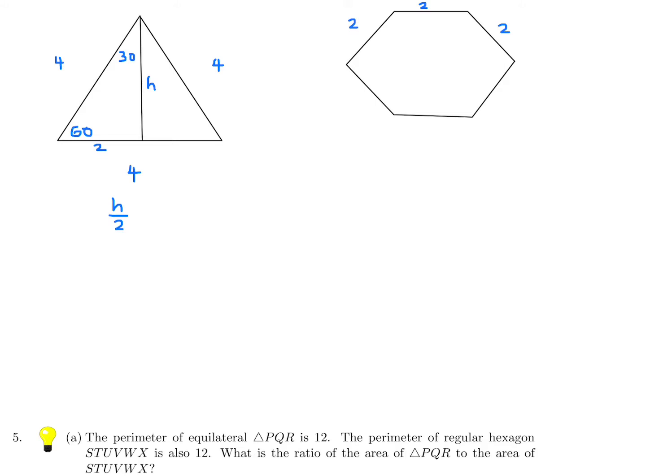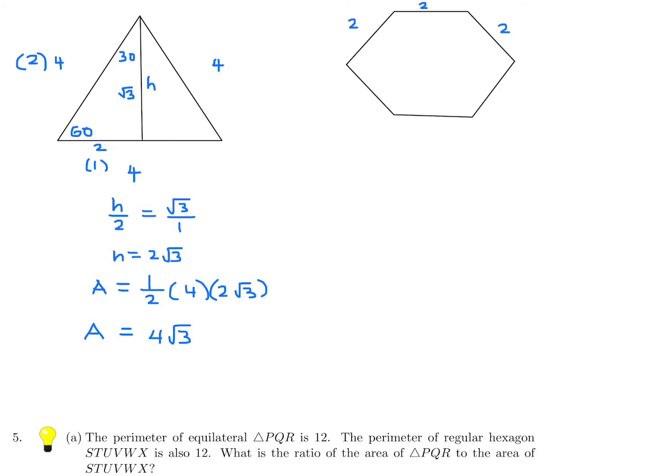So h over 2 is the equivalent of root 3 over 1, since the ratio of the sides of a 30/60/90 triangle are 1, root 3, and 2. So that means h is 2 root 3. So the area of that equilateral triangle, 1/2 base times height, the base is 4, and the height is 2 root 3. So that looks like 4 root 3.